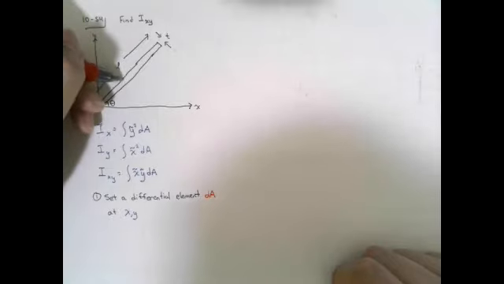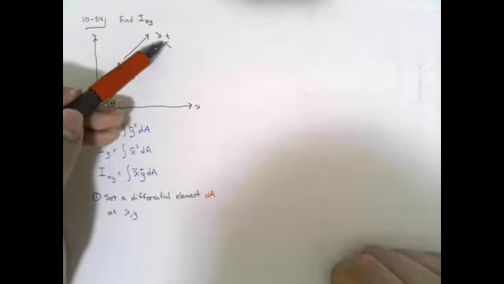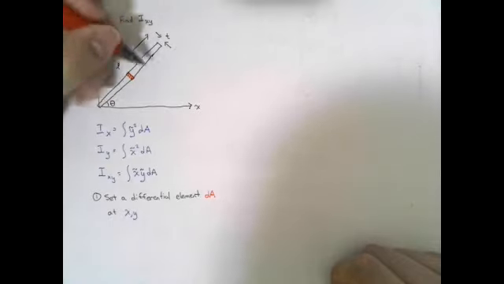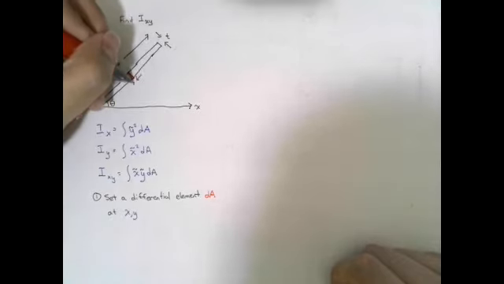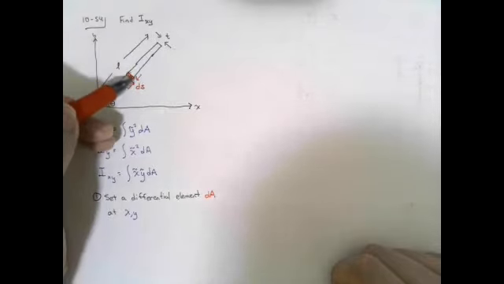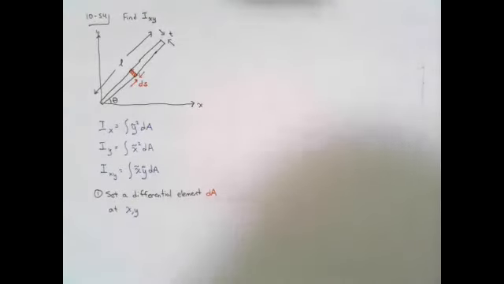In other words, I'm going to draw a differential element that is oriented along the direction of the rod with a thickness of T, but a tiny length of ds. So the length of the element, I'll just call it ds. And of course, the thickness of the element is simply T, which is the thickness of the rod.